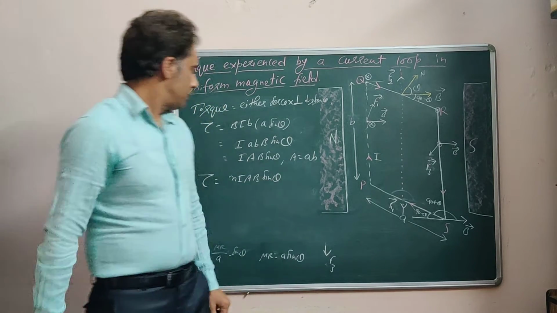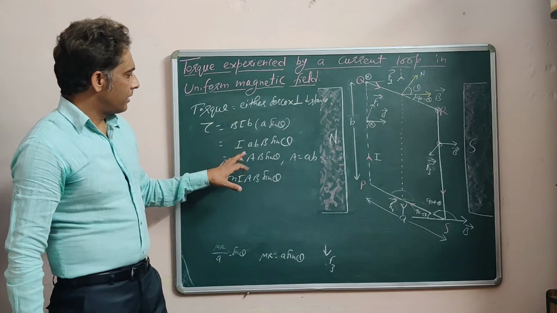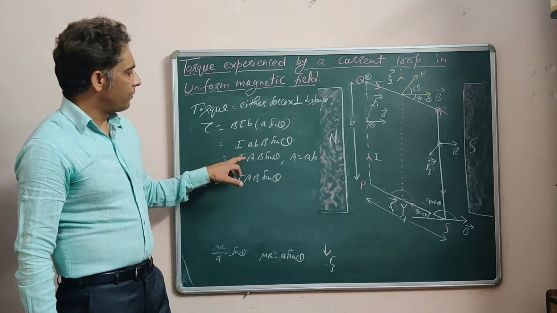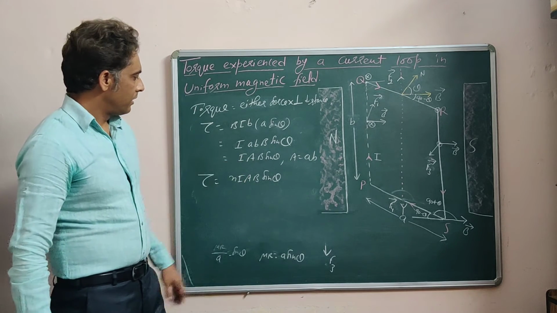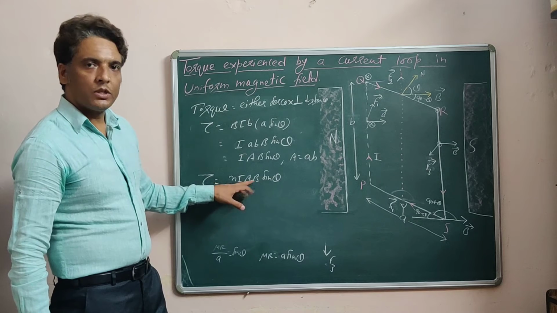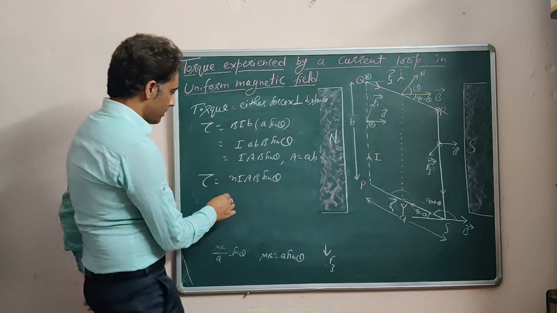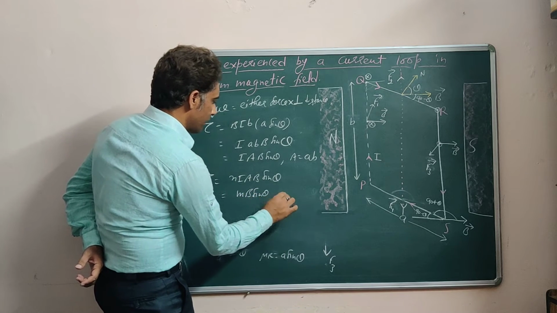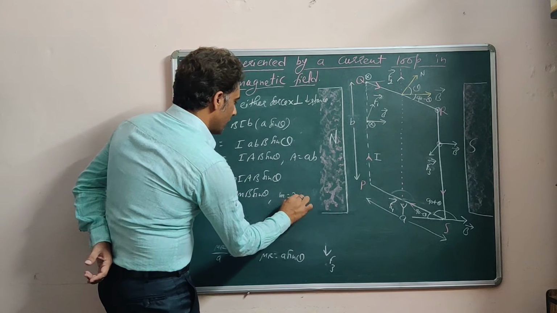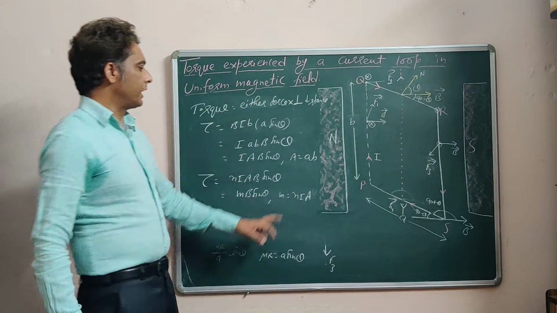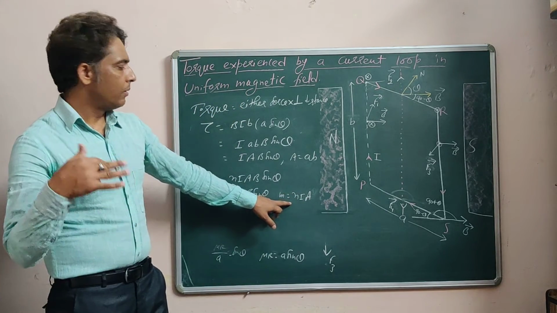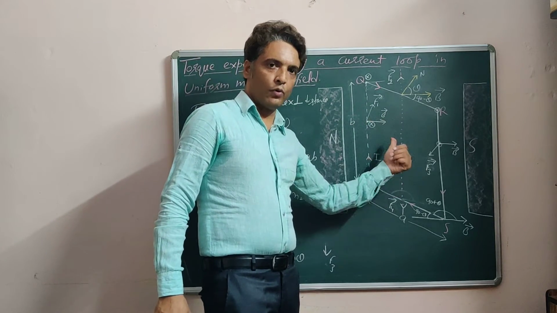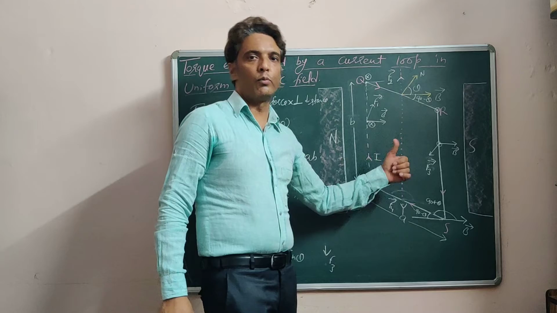Also we have studied that this I into A represents the magnitude of magnetic dipole moment. So N I A we can write as the total magnetic dipole moment. So we can write it as M B sin theta, where this small m is equal to N I A. It represents the magnitude of magnetic dipole moment, because a current carrying loop behaves as a magnetic dipole and it has some magnetic dipole moment.